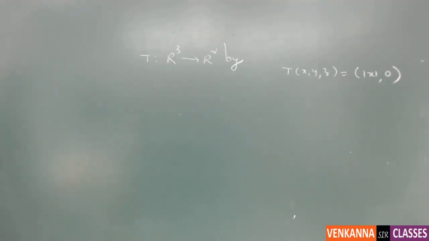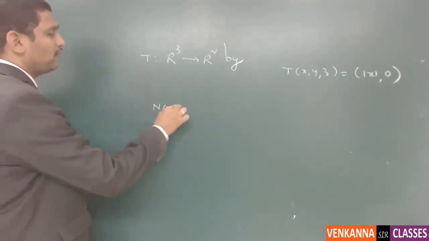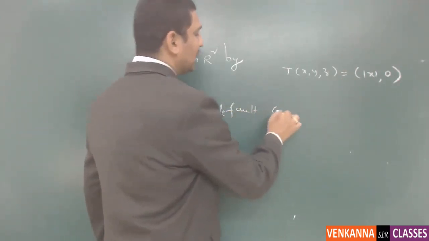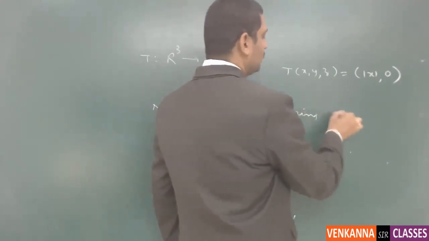Now let us verify, is it a linear transformation or not? So here you have two things. One, you can check for the two conditions, or you can check for a single condition. Suppose you are using a single condition. Always N of T contains 0 vector. Please understand that N of T by default contains 0.